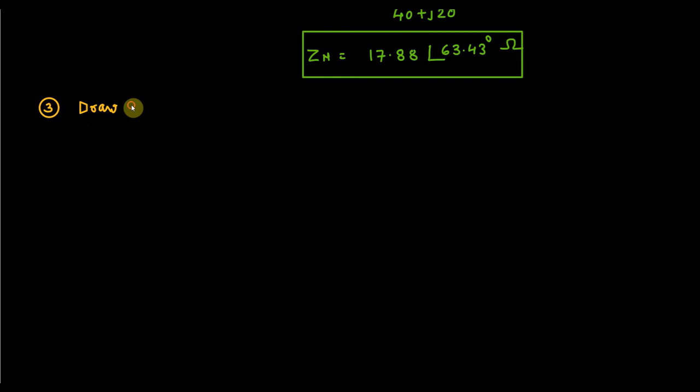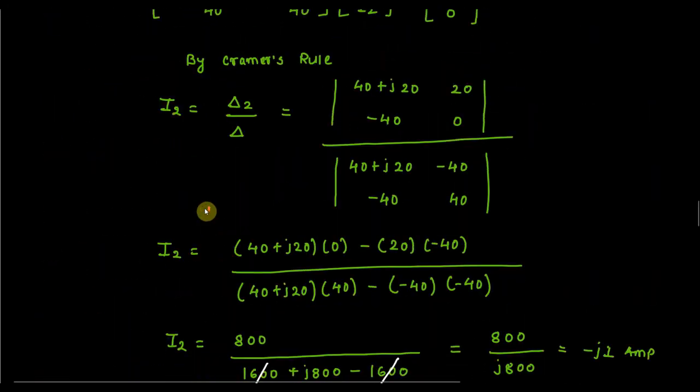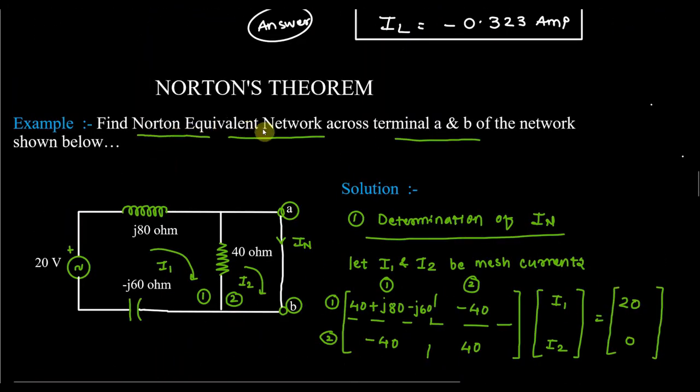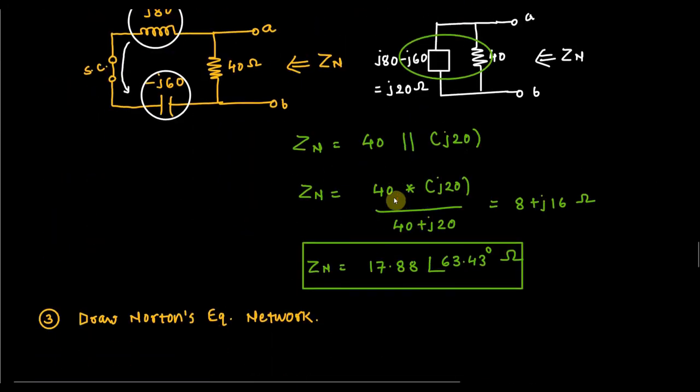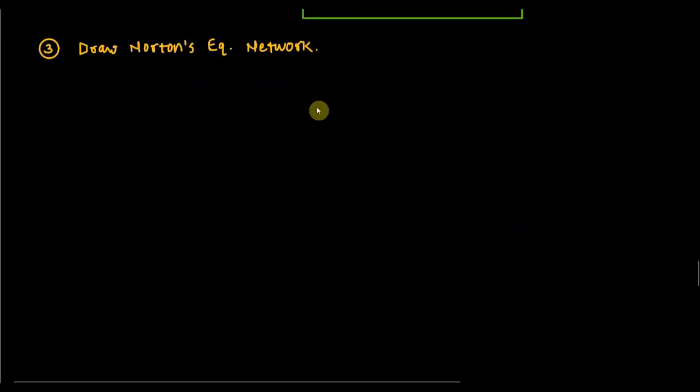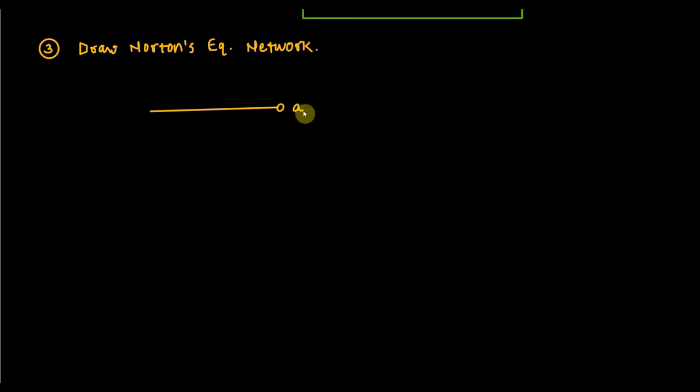Draw Norton's equivalent network. And if you see the question, they have asked us for the Norton's equivalent network. You can see that it says find Norton's equivalent network. So that will be our final answer. And we have discussed that Norton's equivalent network is simply the parallel combination of IN and Zn across the terminal AB.